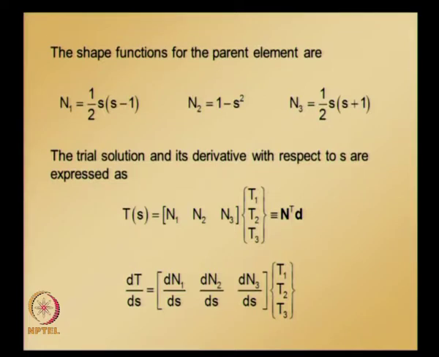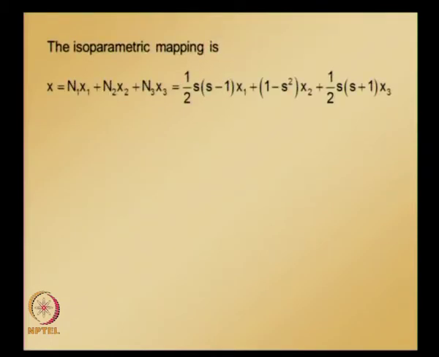Here there are 3 nodes, so the isoparametric mapping is x is equal to N1 x1 plus N2 x2 plus N3 x3. Substituting N1, N2, N3, which are shape functions of the parent element, we get this one.